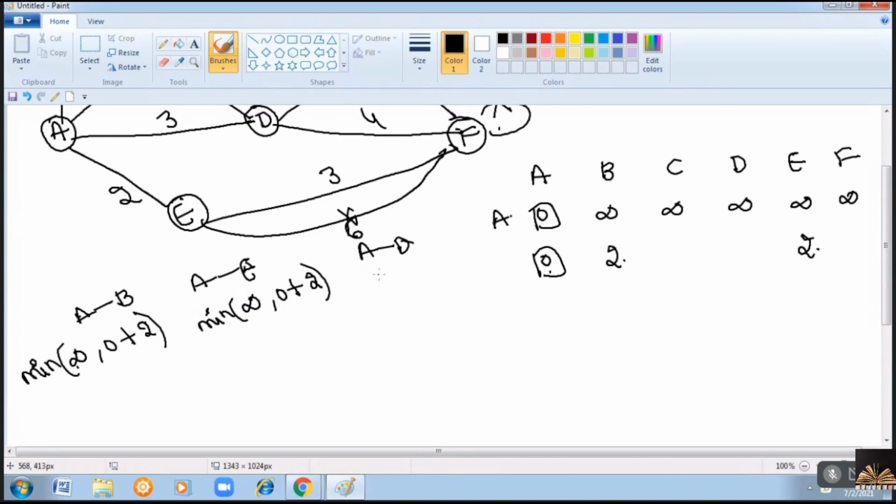And for A to D, minimum of D is infinity, 0 plus A to D cost 3, so it is 3. Remaining all are infinities. Now in these values, 2 is minimum, so you can choose either B or E. Let me choose B. Create another row, copy the marked values.